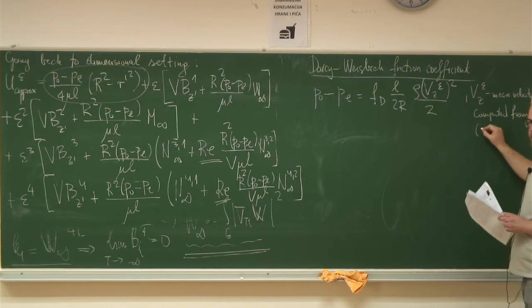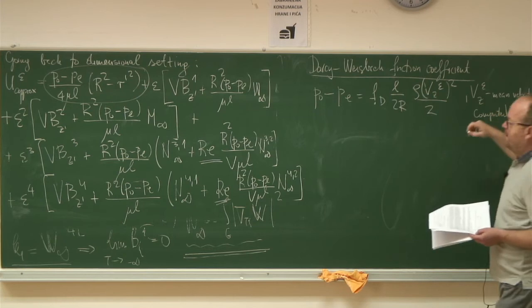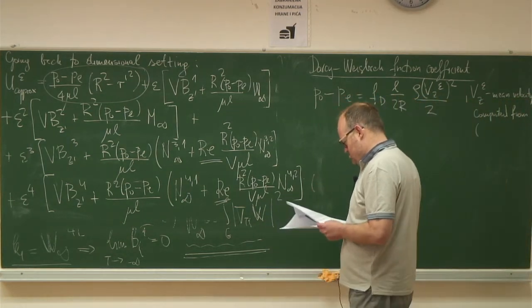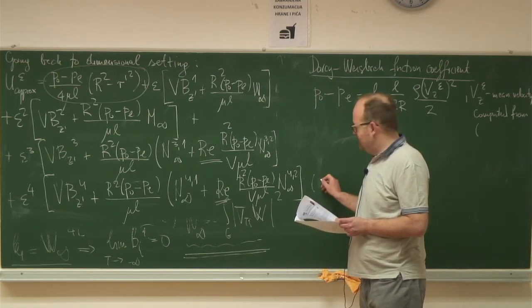Did we have some labels last time? What was the last one? I want to denote this by something. 6. So this would be 6 or 7? This would be 7. 7, okay.